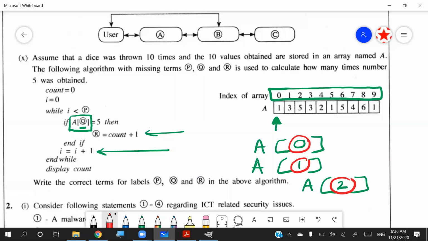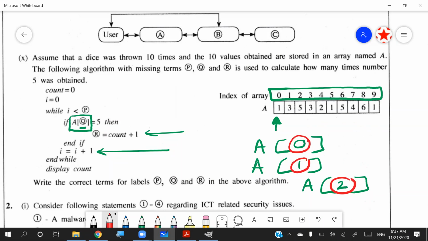In the if condition, they count the number of 5s, because that is the condition we have. If the number at the position is 5, then count. So that count is counting the number of 5s, right?